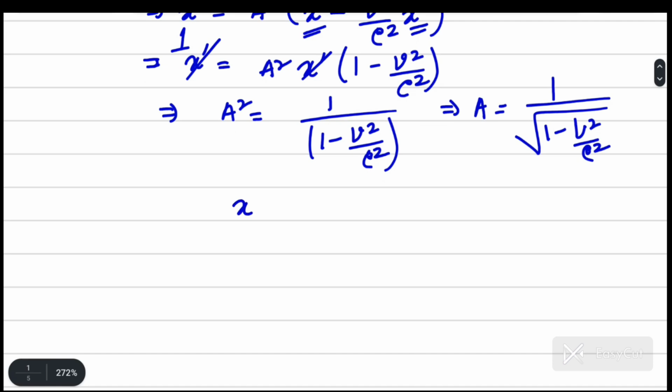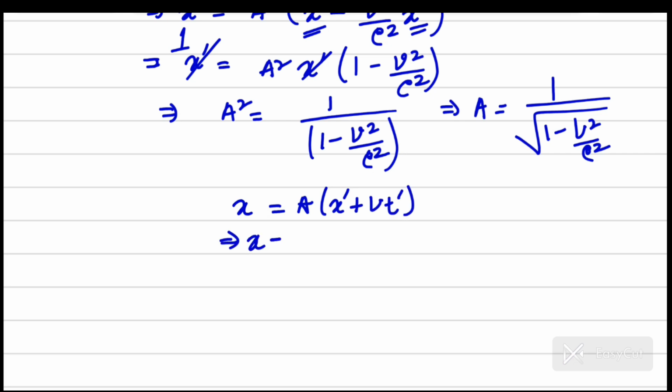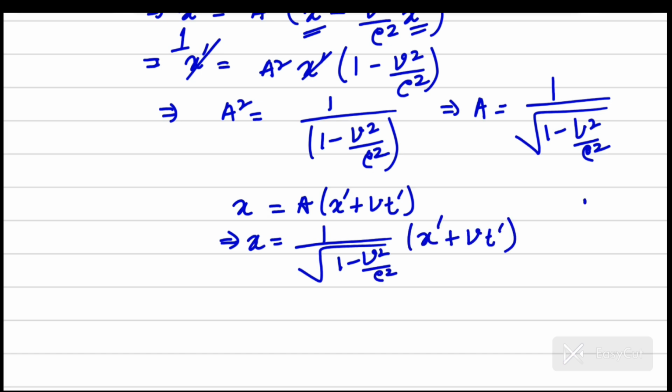We started from this equation that x equals a times x prime plus vt prime, and now put the expression of a in this equation. So this is 1 upon under root 1 minus v square by c square, times x prime plus vt prime, and v upon c is sometimes symbolized by beta.